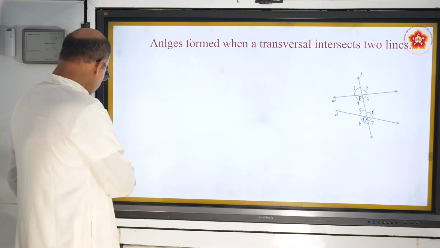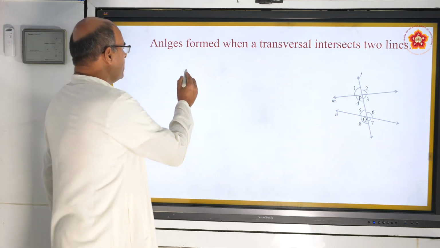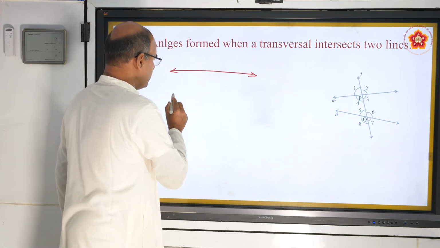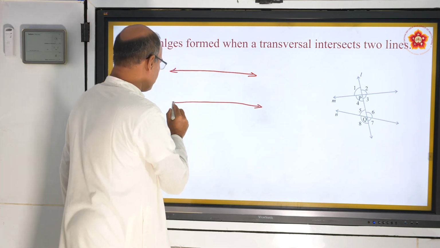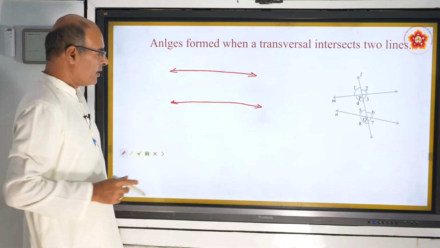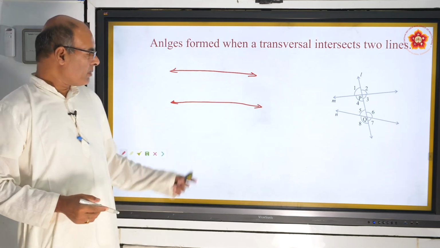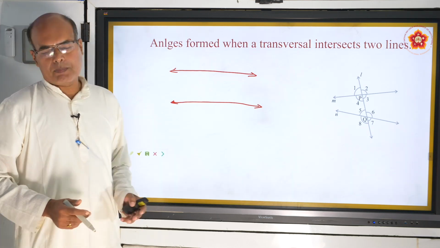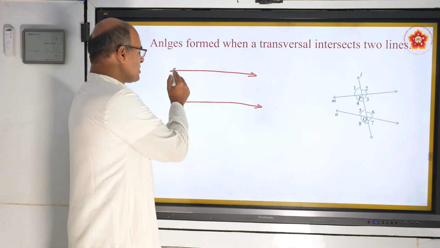Sometimes by looking at two lines, it is not possible to say whether the lines are parallel or not. Sorry, it is not a straight line. Imagine that this is a straight line. Just by looking at these lines, we can't say they are parallel.